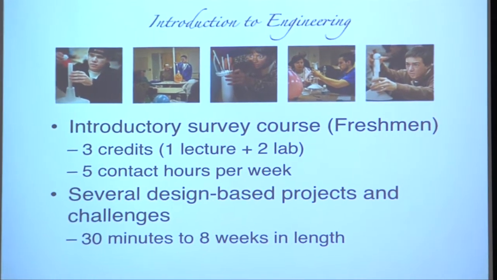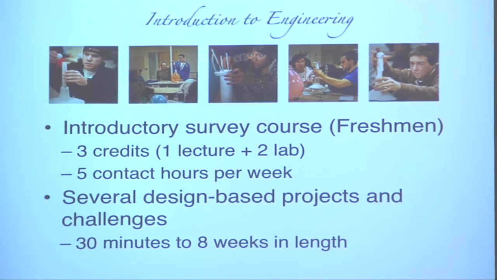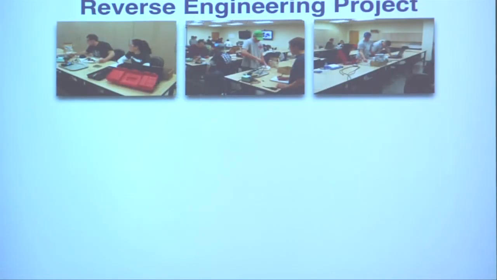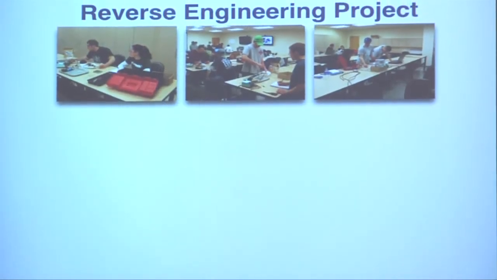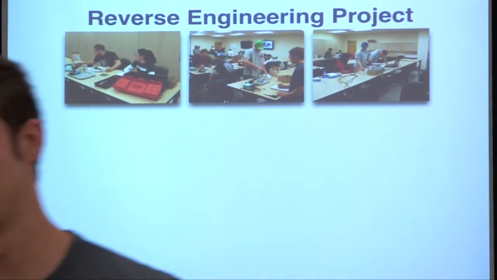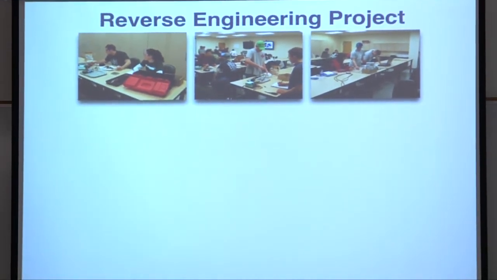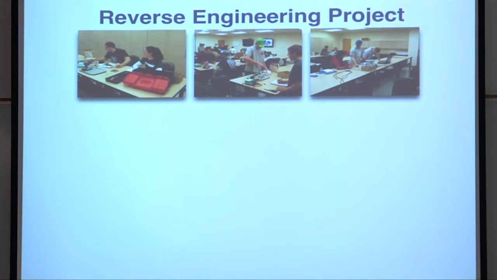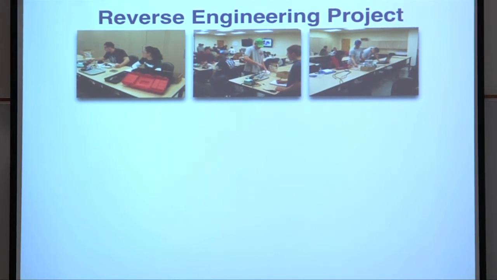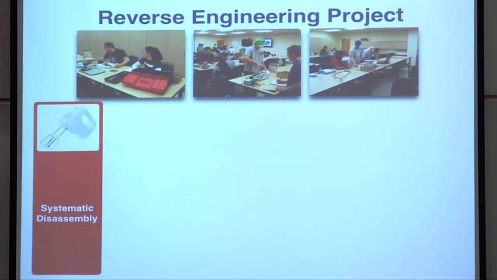So what I'm going to do is show you a 2-week project as an example. This is a reverse engineering project. And you can imagine this as in any kind of introductory engineering or science course, actually, as a discovery project at the beginning of the course. So in this reverse engineering project, we start by giving every student team of 2 an electromechanical device.